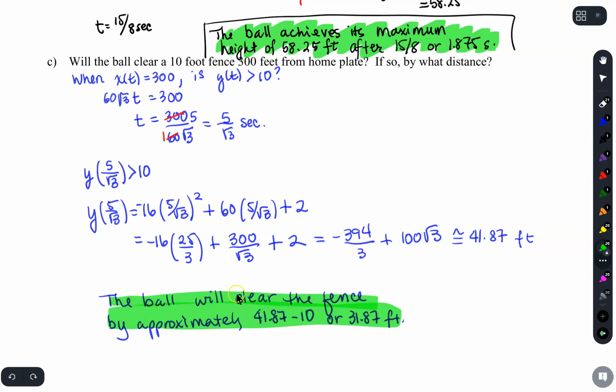So we can say that this ball will clear the fence by approximately the 41.87 feet that it is in the air minus the 10-foot height of the fence. So there will be approximately 31.87 feet between the top of the fence and the location of the ball as it flies over the fence.